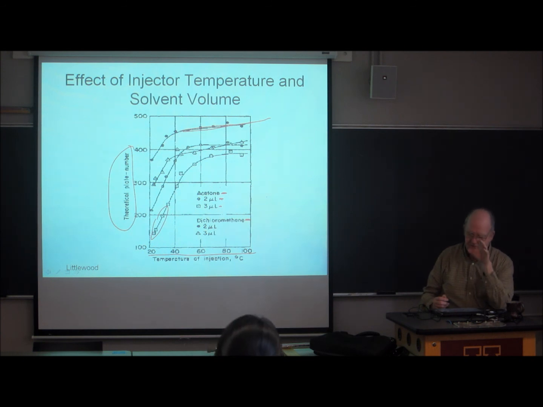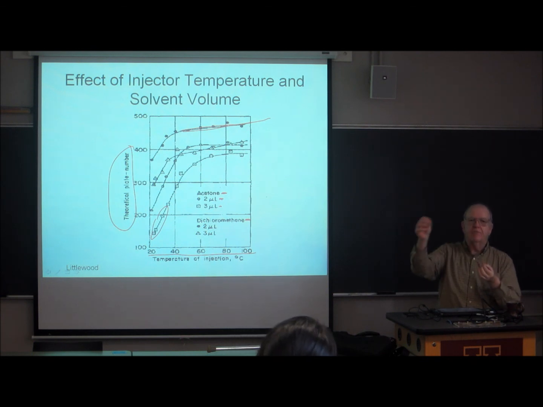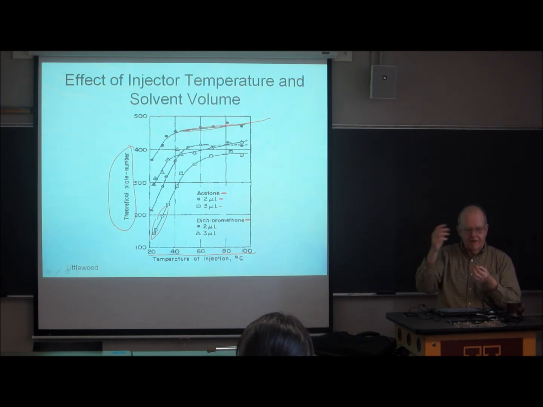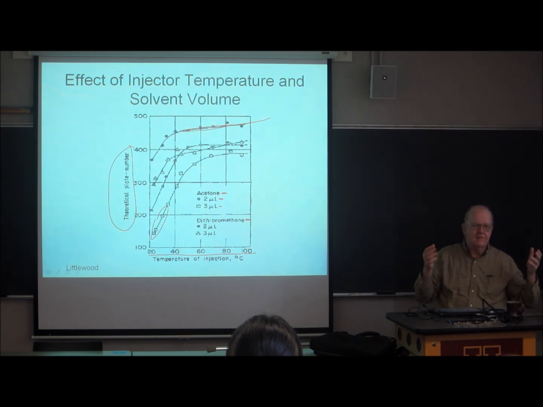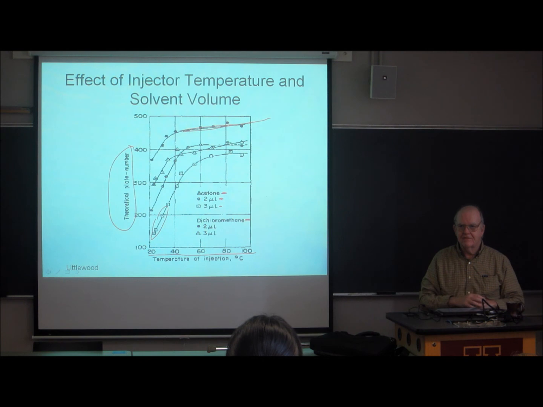However, let me point out that when you take a liquid and vaporize it, even at room temperature, its volume increases by roughly a factor of 1,000. 1 mole of ideal gas occupies 22.4 liters, right? 1 mole of methanol is about 100 mLs.